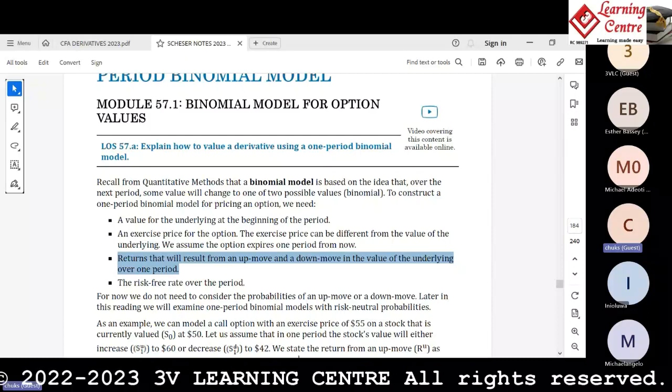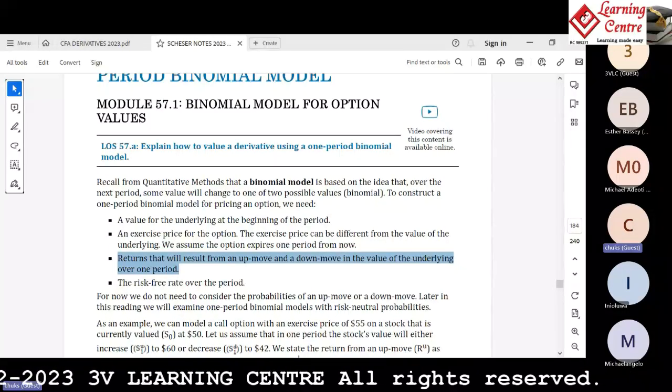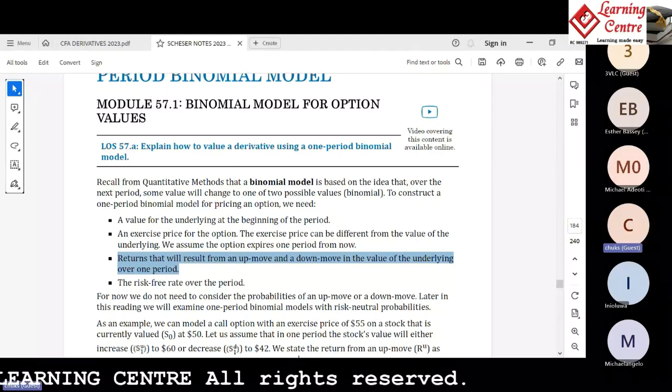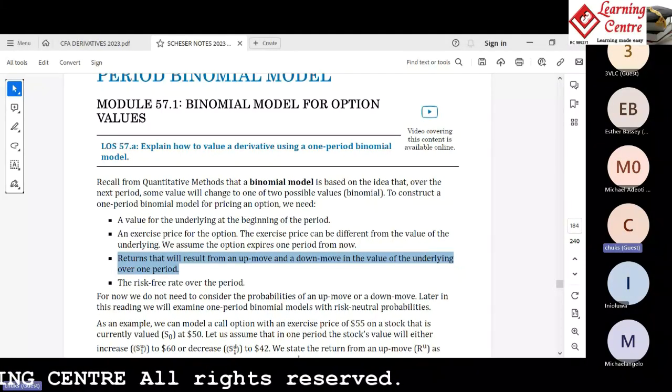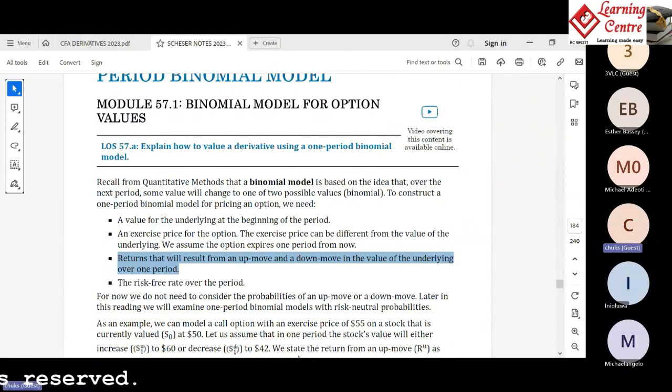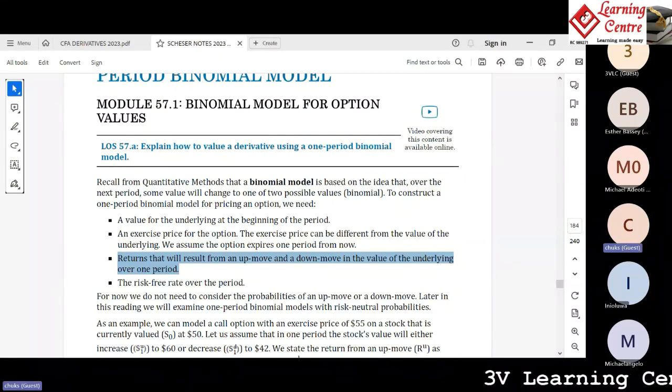And if you remember, the probabilities of the two must be equal to 100%. So at the end of the day, you must calculate what you call a weighted average, which is, if you say the probability of going up is 60%, then the probability of going down will be 40%.